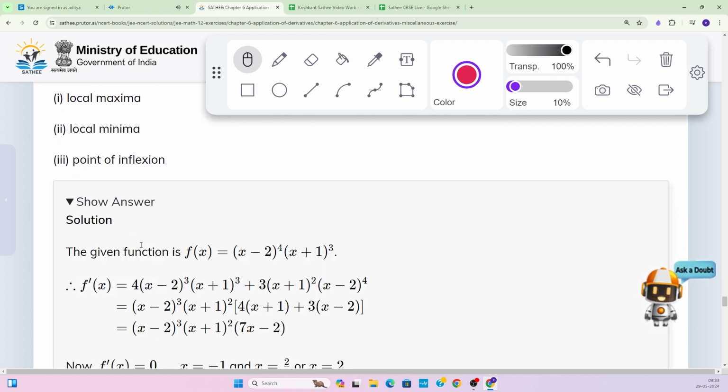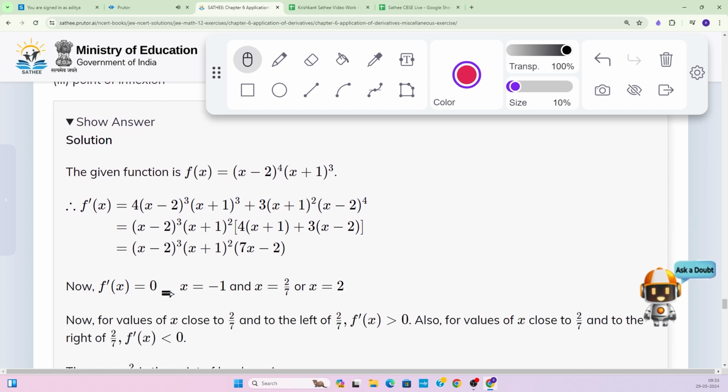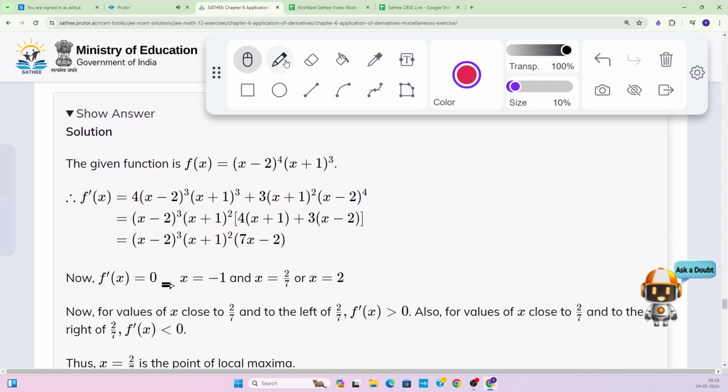So let's see quickly. The first order derivative, we are using just the product rule. By using the product rule, this second thing remains untouched. We have to take the derivative of the first, which will be just 4 (x minus 2) whole cube, plus the derivative of this will be 3 (x plus 1) whole square multiplied with this thing.